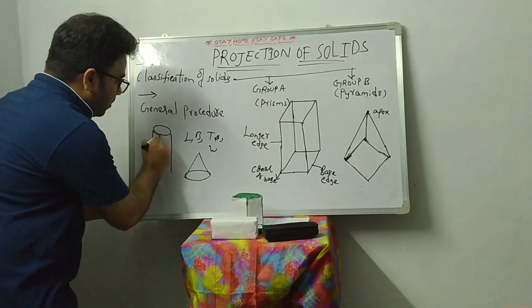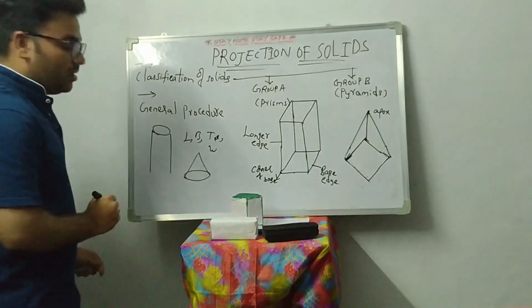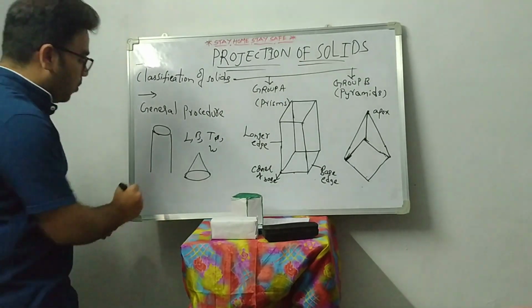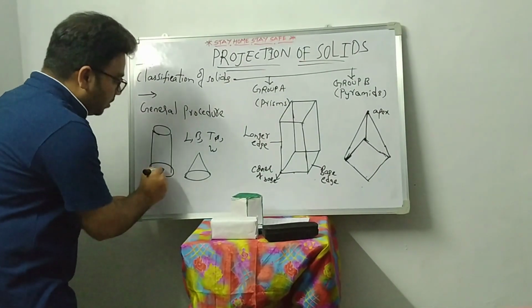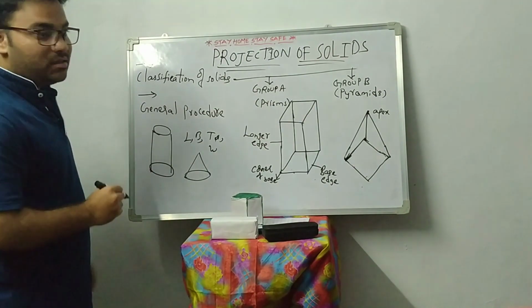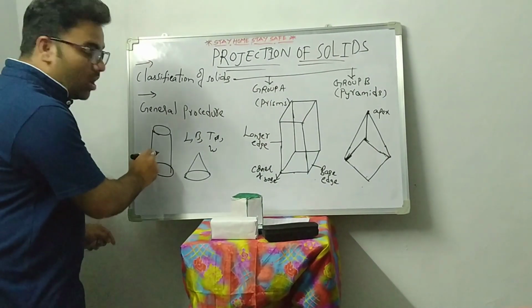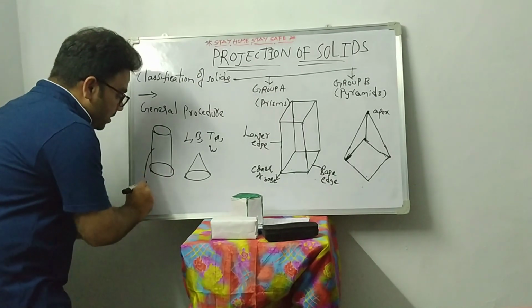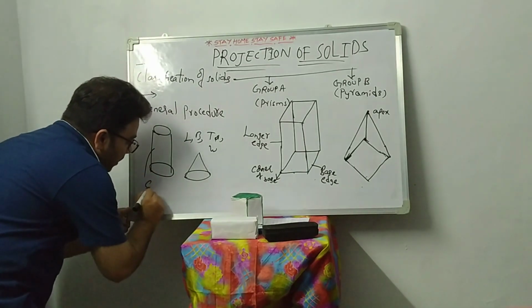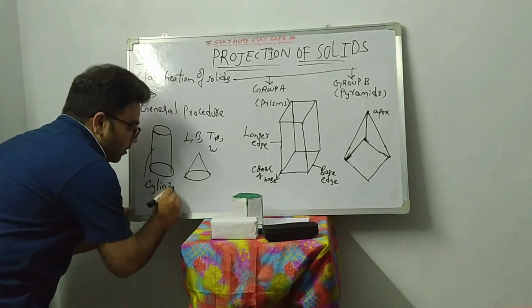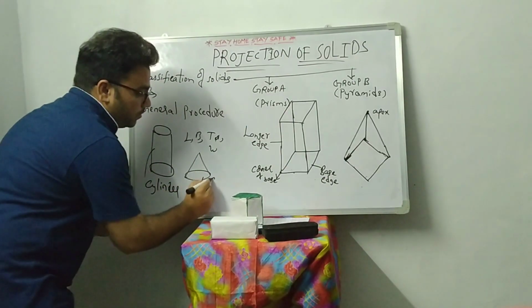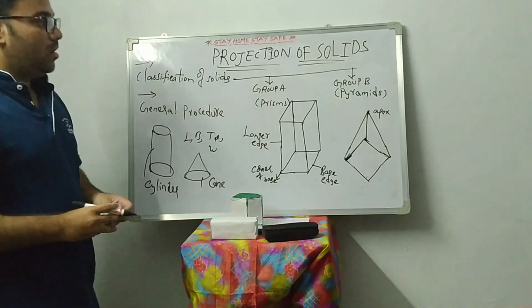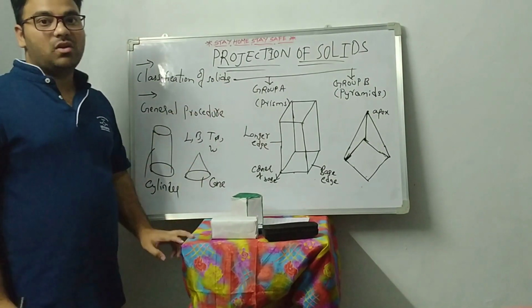Here one circle is at the top, and similarly at the bottom also one circle is there. The top and base are two circles. This is not a circular prism; this is said to be a cylinder. This is a cone. Now we have completed the classification of solids.